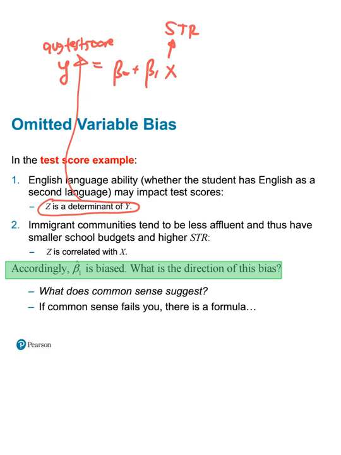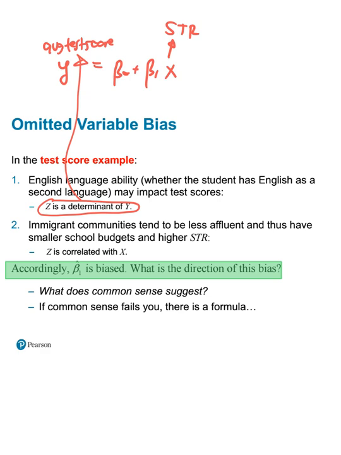And then number two, we need to think about, is there any correlation between students that have English as their second language and different class sizes? So the thought goes that immigrant communities tend to be less affluent, right? Their families are unfortunately not as wealthy, and thus these school districts traditionally have larger classrooms.